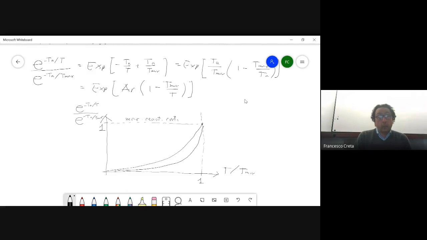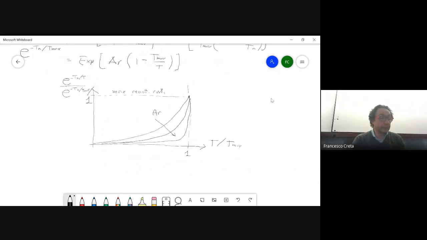So this arrow represents the increase of the Arrhenius number. As the Arrhenius number increases, you see what happens. A very important thing happens.